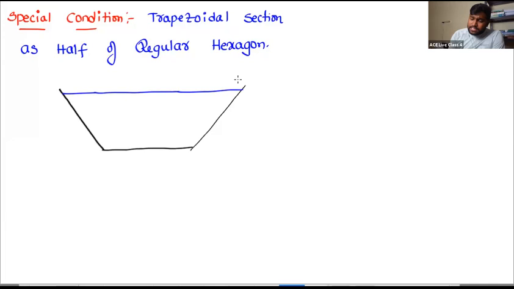So half of a regular hexagon means every side is going to be the same. Point number 1: all the sides are the same. The double dash represents symmetry. So this is B and this is going to be l. Point number 1, B is equal to l.